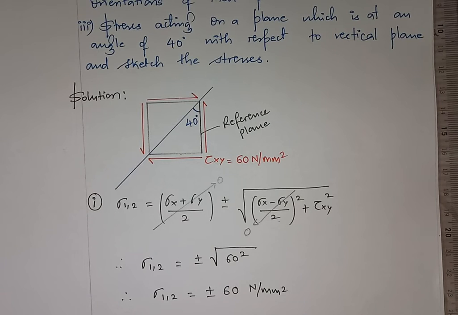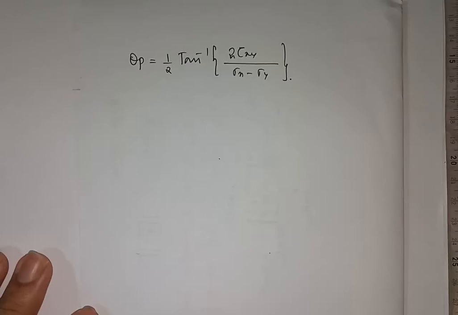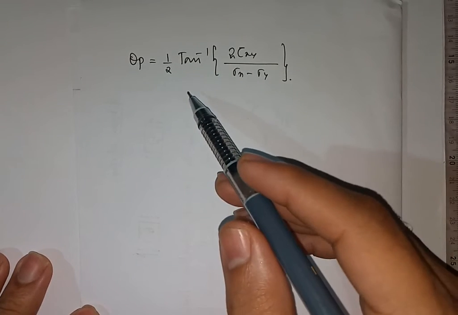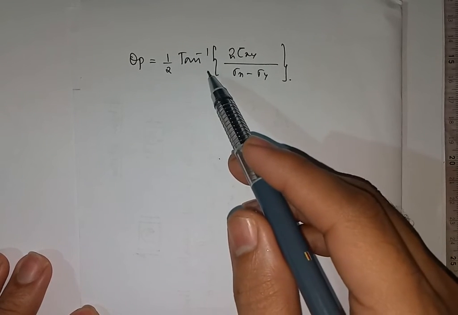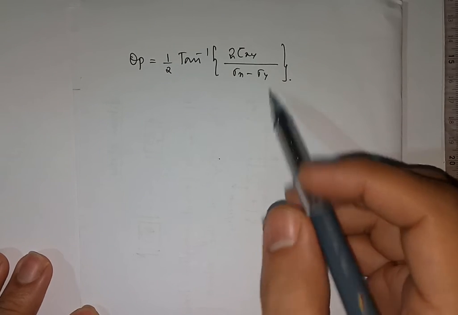Right, now the important twist in the problem here is I have been asked to find out the orientations of the principal plane. Now how we are going to find it? There is a small twist. So we know that for calculating the orientation of the principal stress, we always use the formula theta p is equal to 1 by 2 tan inverse 2 tau xy divided by sigma x minus sigma y.